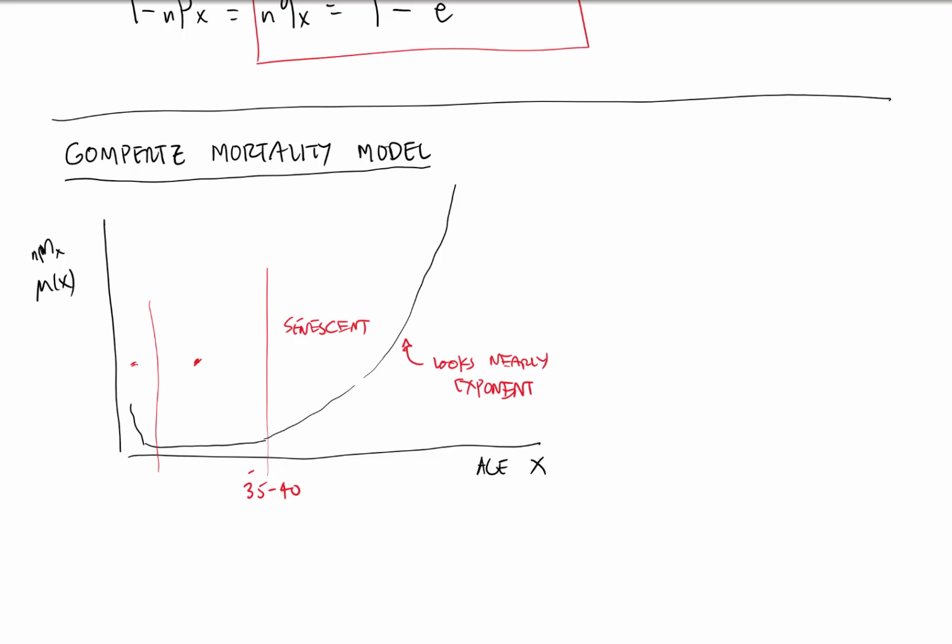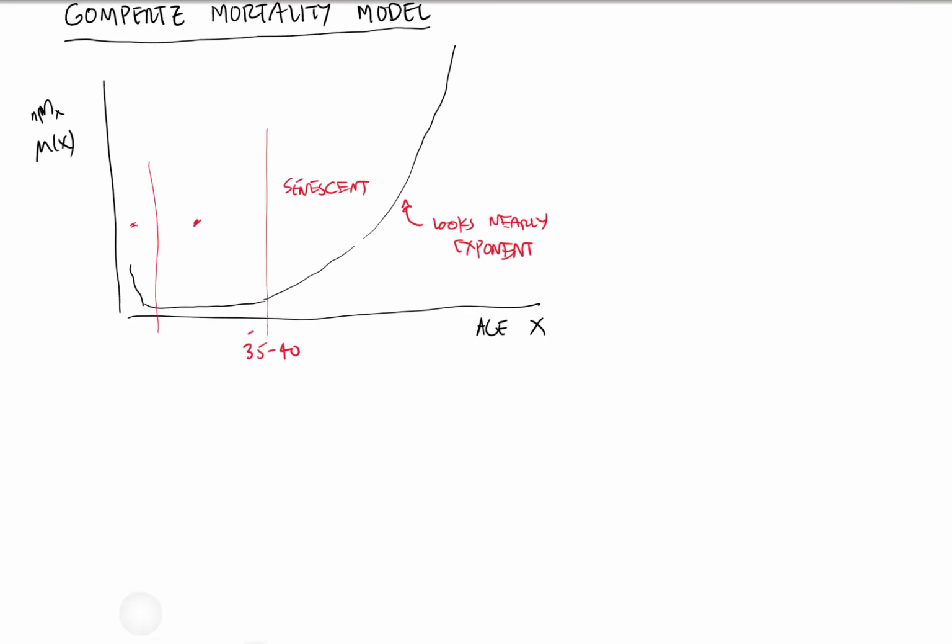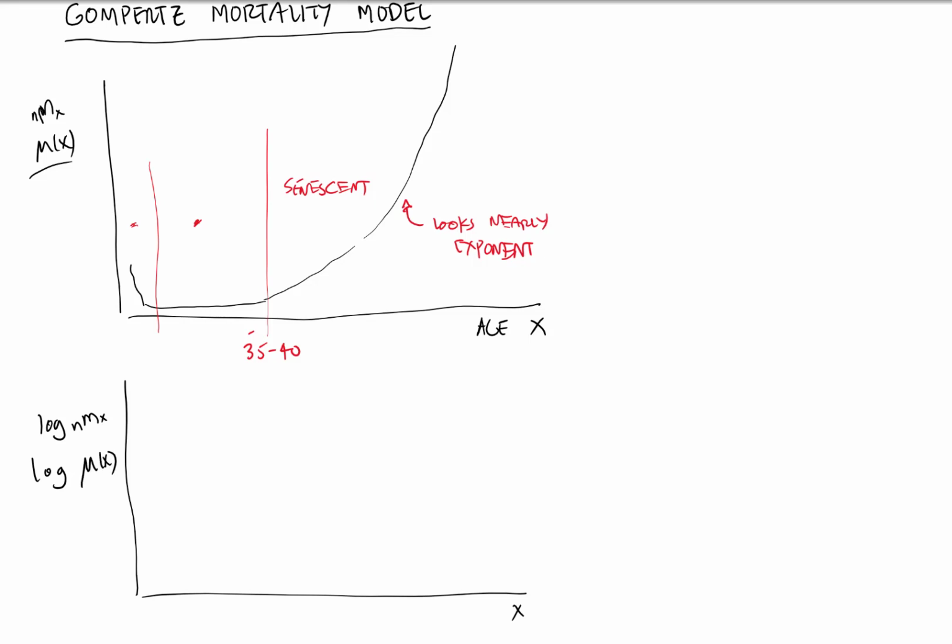So, being a good mathematician, Gompertz said, rather than plot nmx or mux, let's plot the log of the nmx or the log of the mux against time. And sure enough, after age 35-ish or 40, the mortality rate looked flat. It looked linear. It's almost linear.